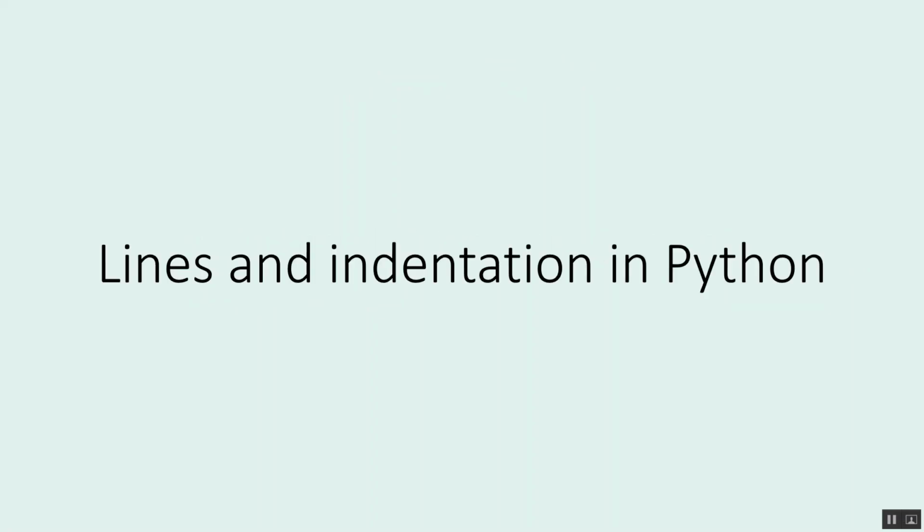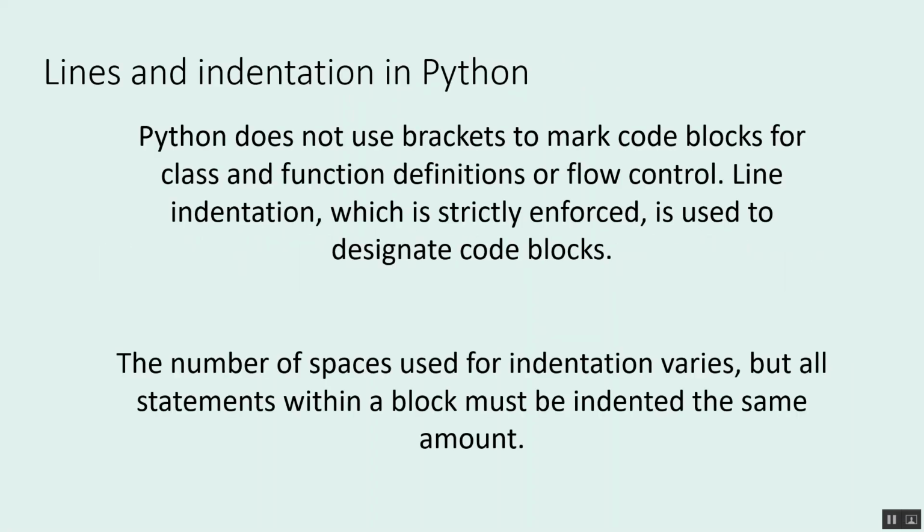Okay, so lines and indentation in Python. It says here that Python does not use brackets to mark code blocks for class and function definitions or flow control. So line indentation, which is strictly enforced, is used to designate code blocks. The number of spaces used for indentation varies, but all statements within a block must be indented the same amount.